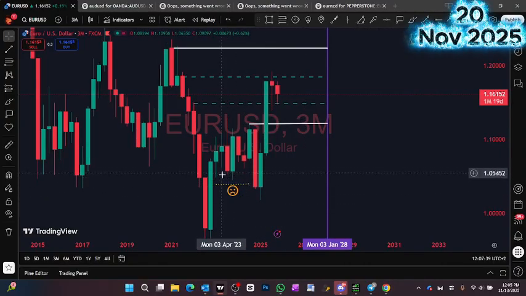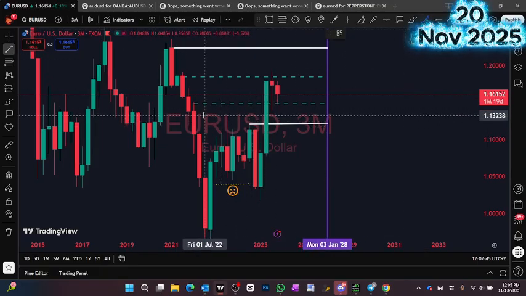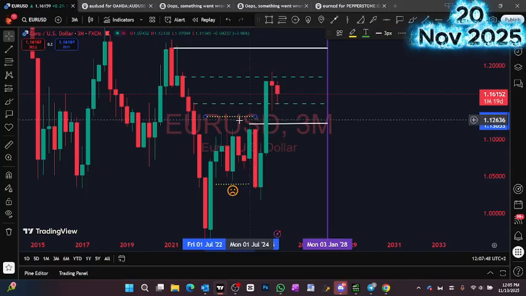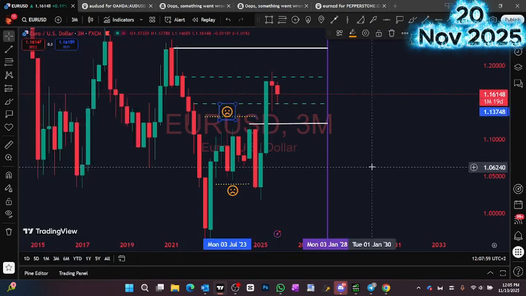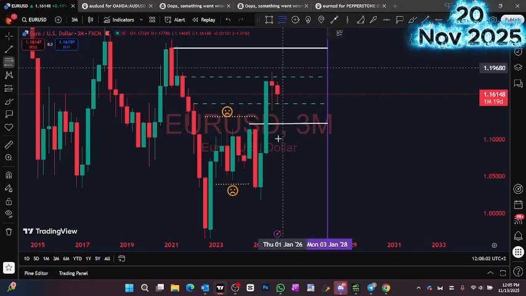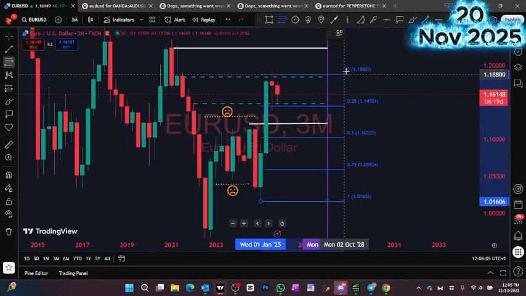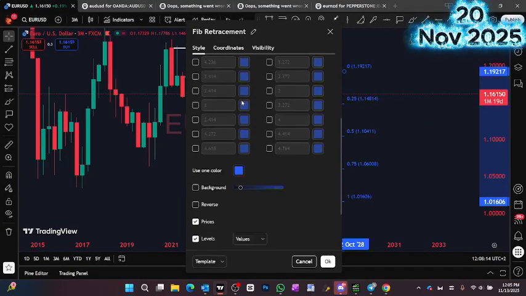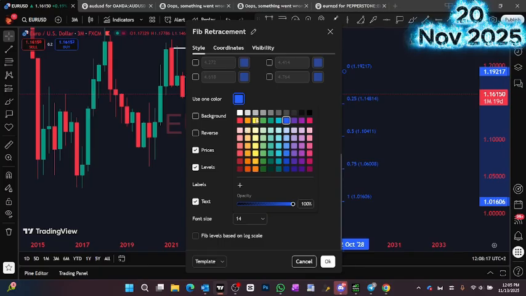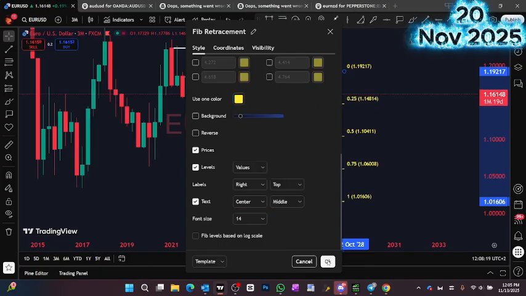So liquidity that was resting here was taken out, and liquidity that was resting here was taken out. So let's check. We'll put this one on yellow, which signifies 3 months.